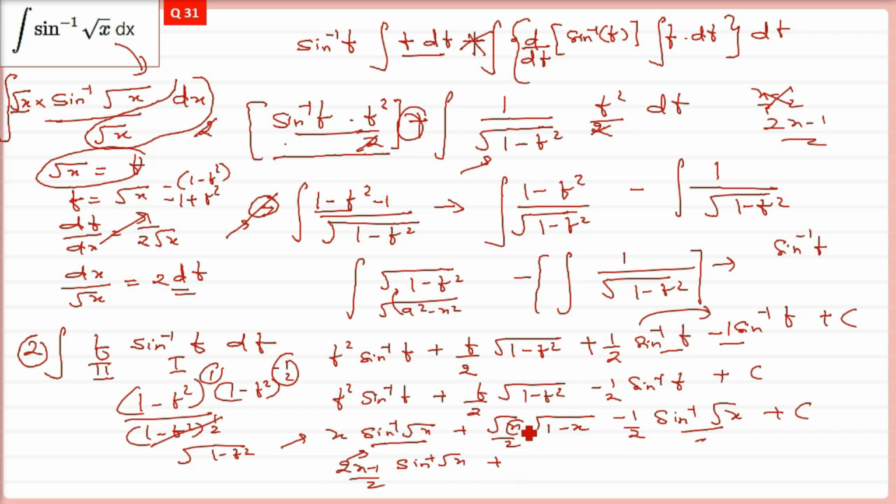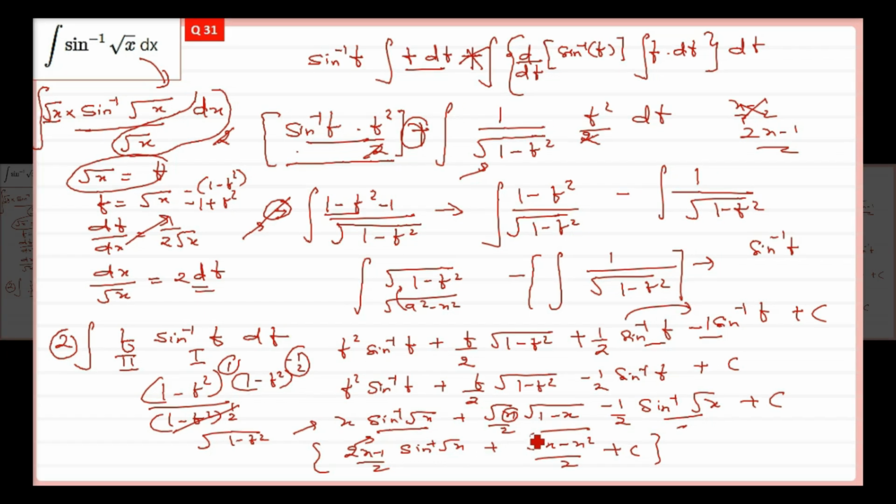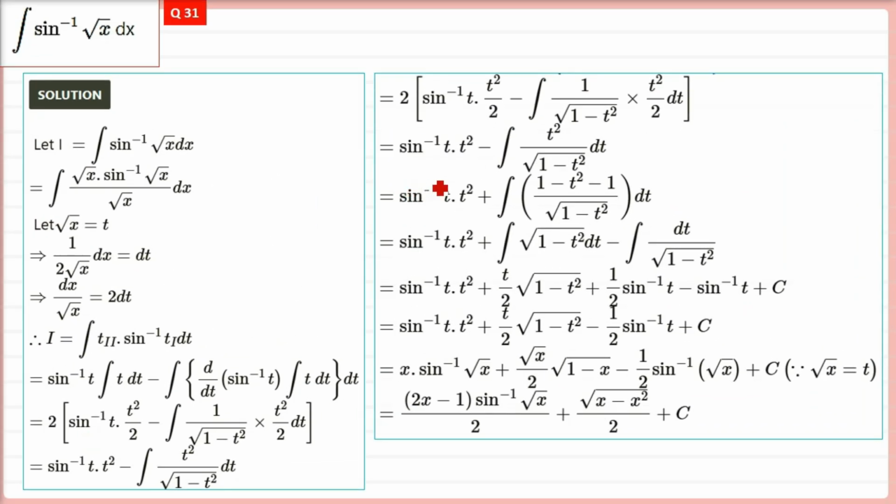And you can multiply this under root x into under root 1 minus x. It's simply under root x into 1 minus x. That will give you x minus x square inside a root by 2 plus c. So that's your final result. So this was a very good question, and it needed a lot of effort, and all the concepts we have learned are applied here. So you can solve it like this.